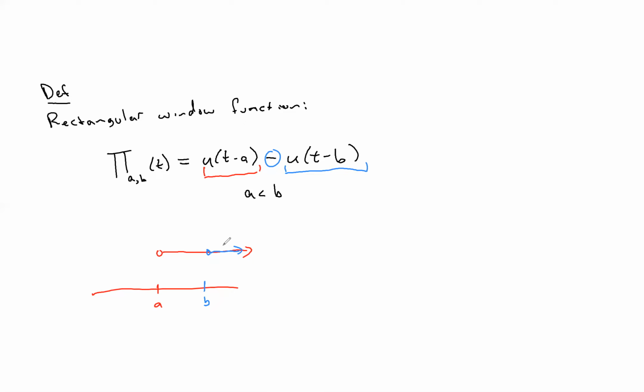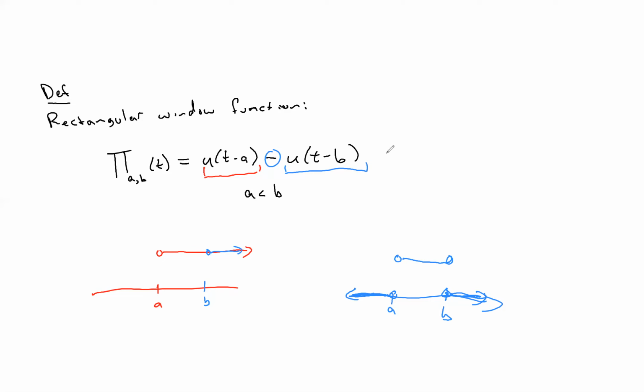So what the graph of this will look like is between a and b, your function will be at 1. But then everywhere else, it's 0. Okay? So this just gives you a little line segment between a and b. And everywhere else, you just don't have anything.